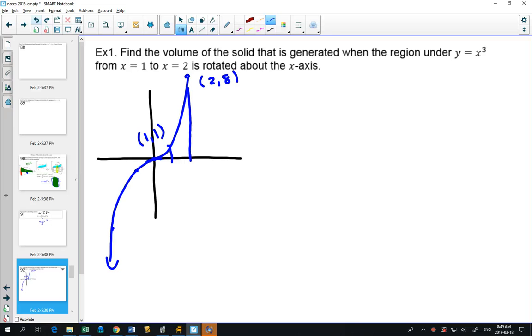And now I've got to imagine rotating that 360 degrees around the x-axis. So I'm going to go to 2, 1, 1 down here, 2, 8 right down there. And for drawing purposes, I'm going to try and draw little mini circles to show the revolution around.